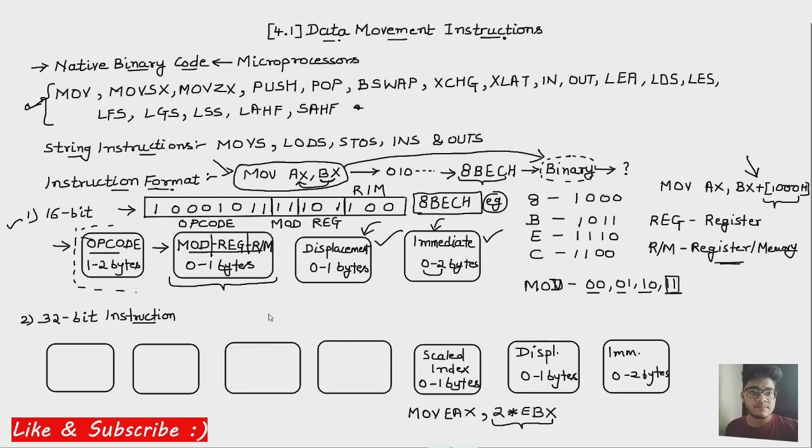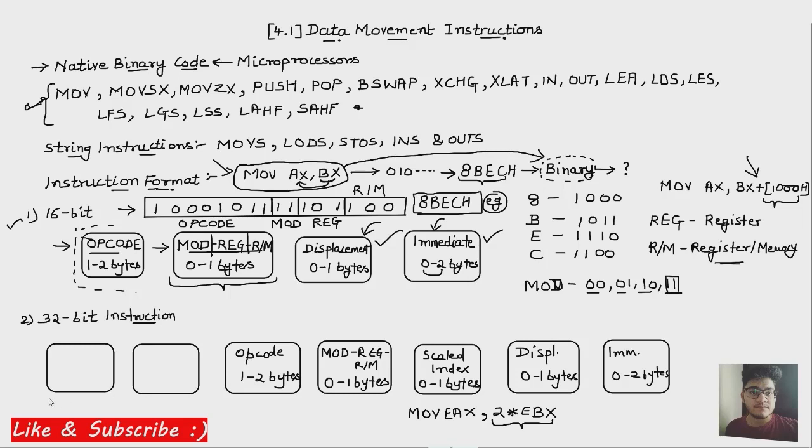For that, we are going to the instruction which we will write here. Instead of 16-bit, it will be of 32 bits, and out of that, it is going to occupy 0 to 1 bytes. And again, we have the mod register r/m, which is register/memory, and again it is of 0 to 1 bytes, right? So the next one is again opcode, which is of 1 to 2 bytes, similar to the 16-bit.